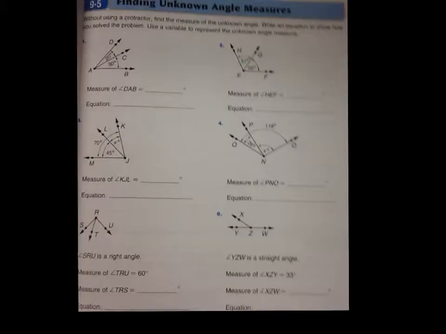Our other work for the day will be doing pages 260A and 260B, practicing finding unknown angle measures. We're only going to do the odds on our own. So together let's look at, actually not 2, let's look at numbers 4 and 6.